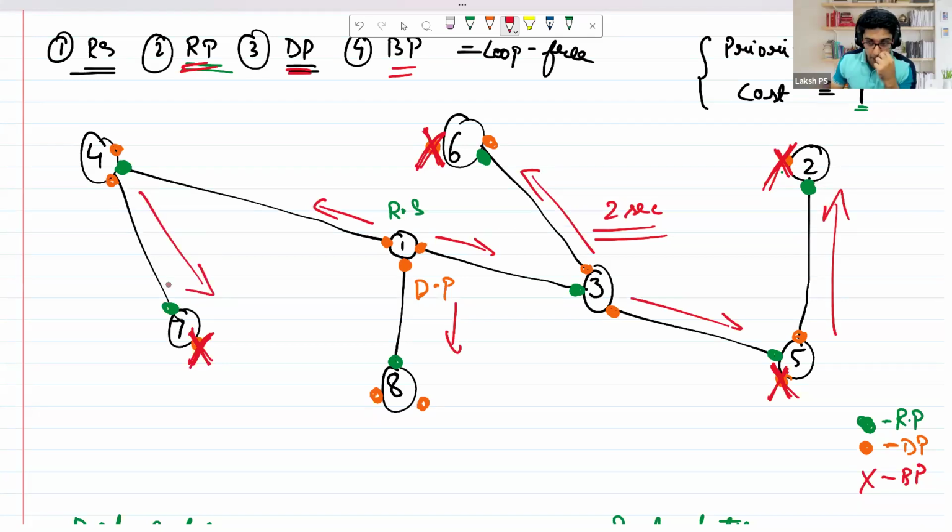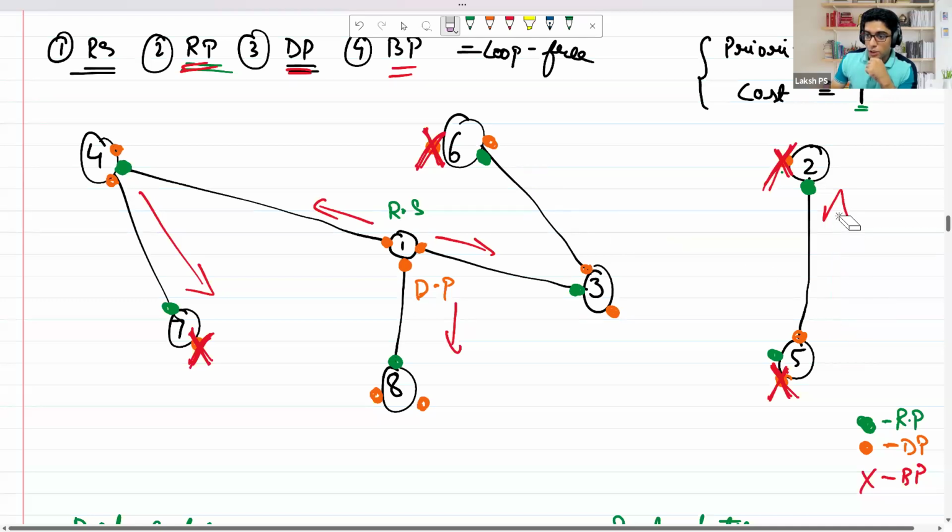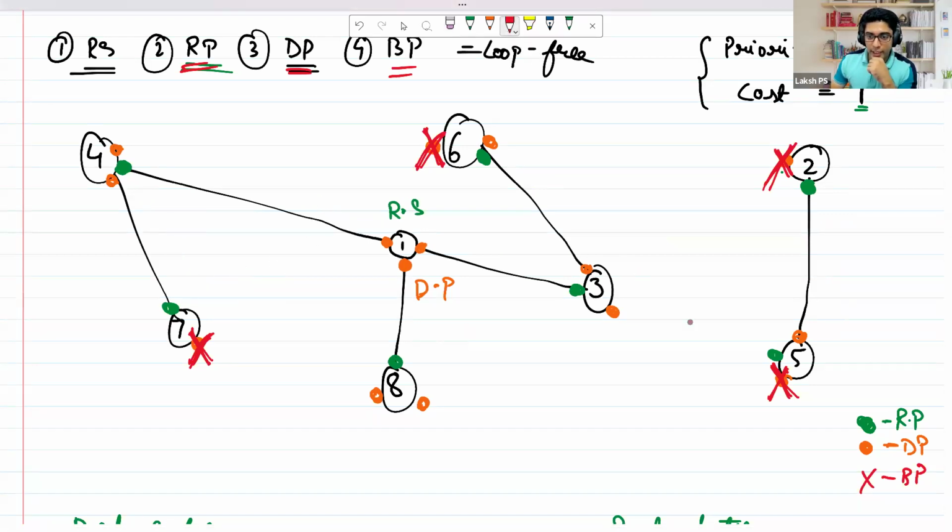Now, let's say for some reason this interface went down. So what is happening? Switch number 5 would be expecting BPDUs on its root port.